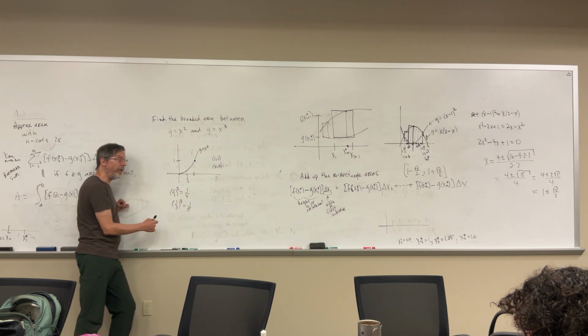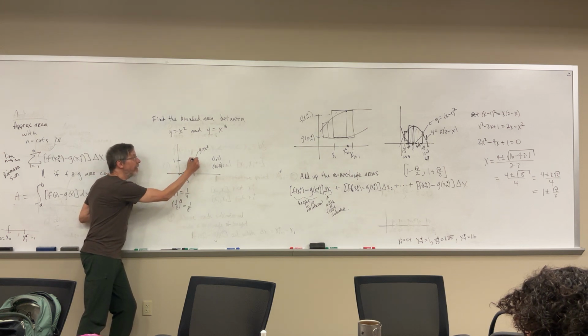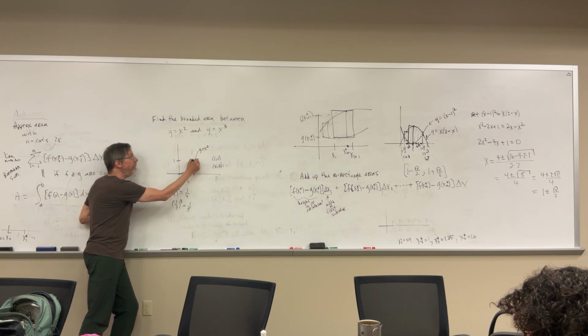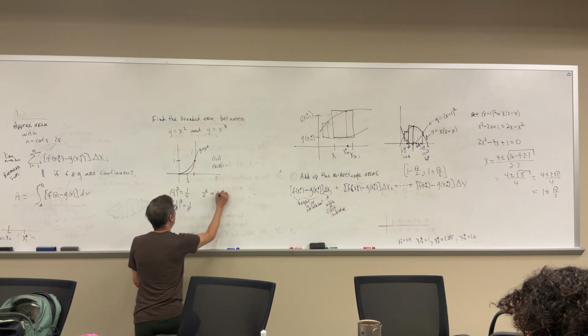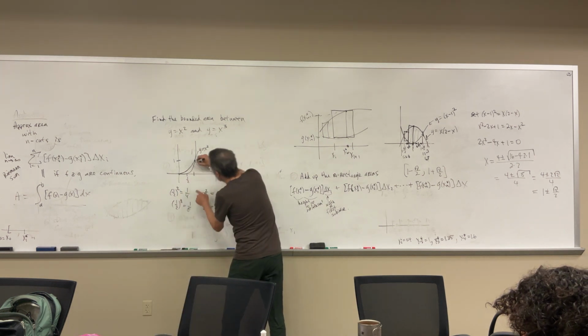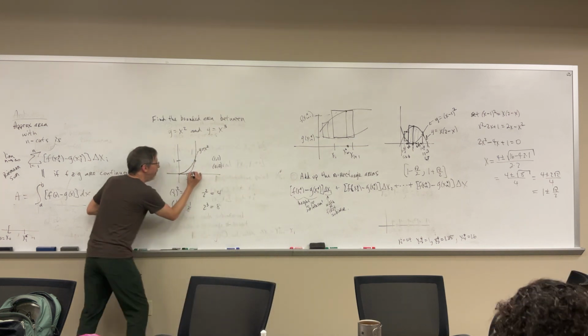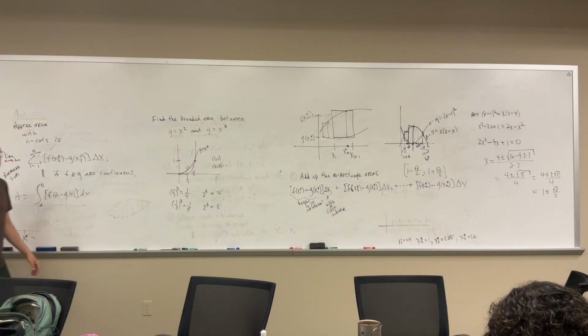It's an eighth. So the cubed graph actually lives under the squared graph in just that region, and then they become flipped because 2 squared is 4, but 2 cubed is 8. So the only place they're equal is at 1 and 0, but otherwise the x cubed is underneath, and you need to know that to do this right.